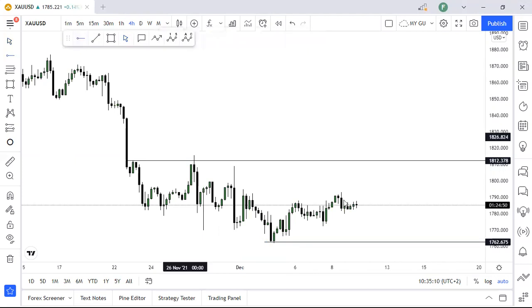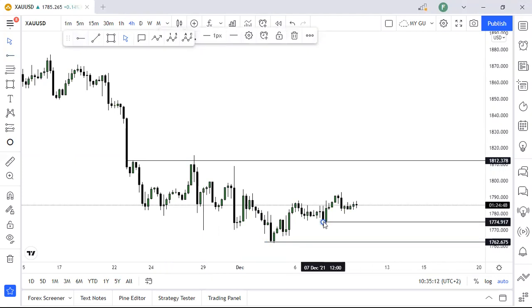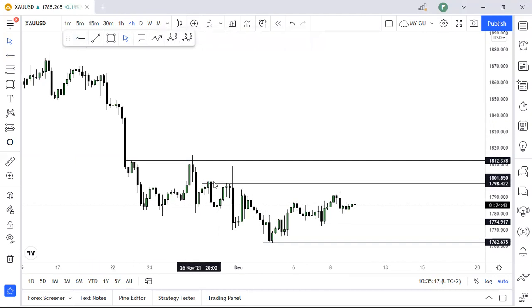And then we also have a low right here, and then we have a high right here.